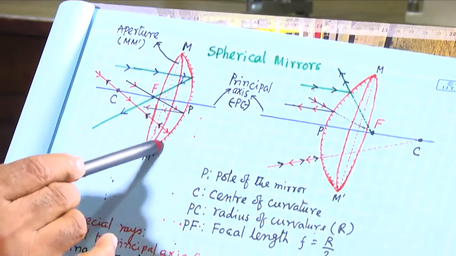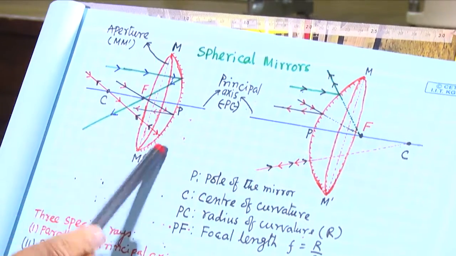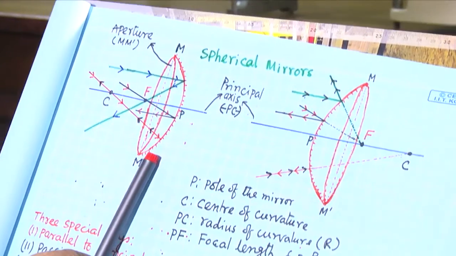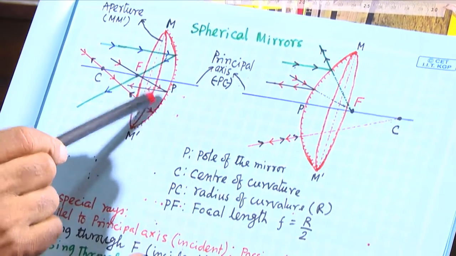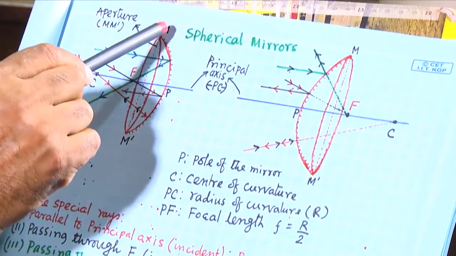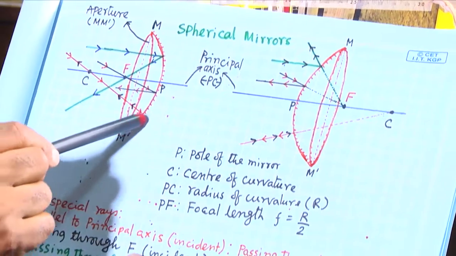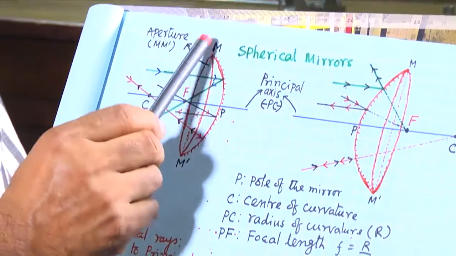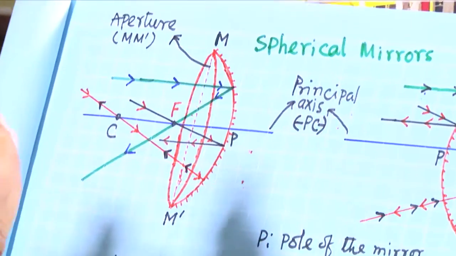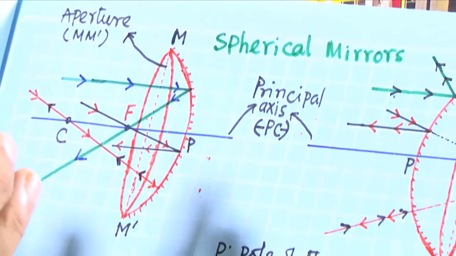A small portion of a sphere is taken. Generally we just draw this part, but it is a part of a sphere.